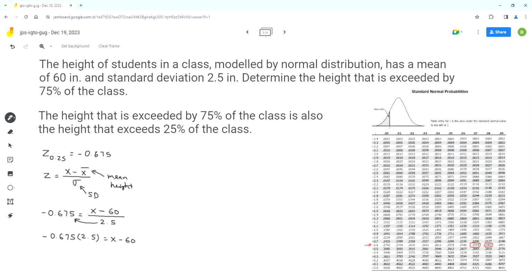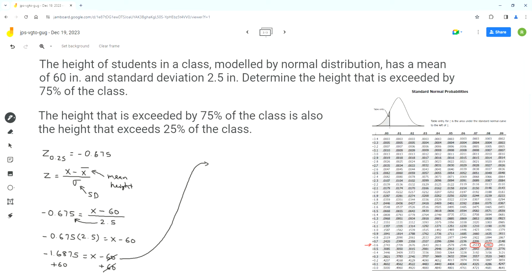Now we can do this calculation. So I got negative 1.6875 equals x minus 60. Now since we have to isolate x, we should add 60 to both sides. By doing that, the 60s on the right side cancel each other out.